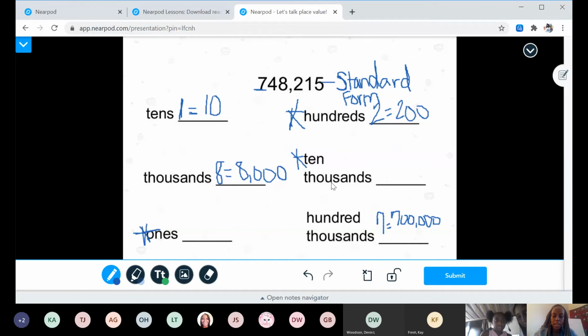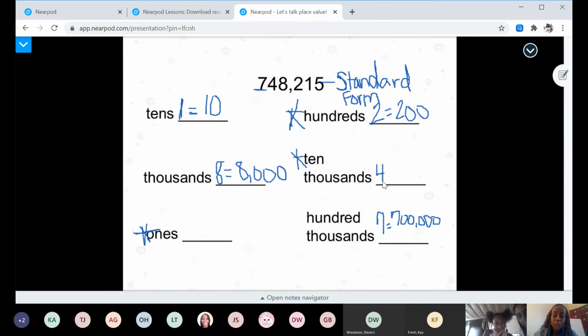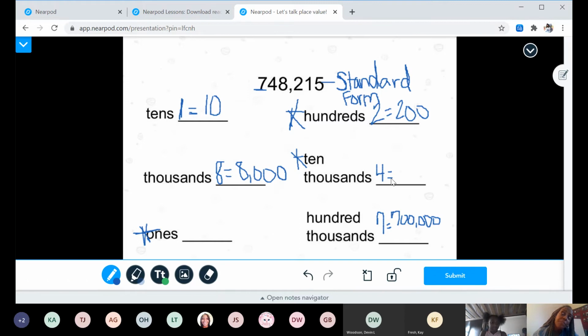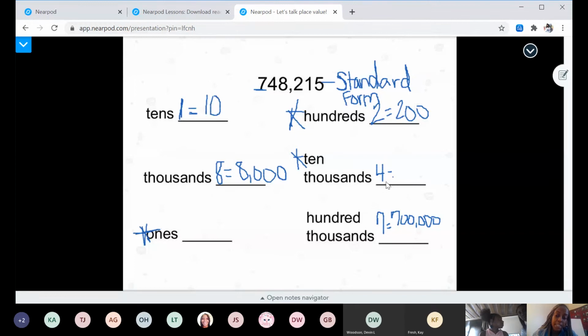Are you able to see it, Devin? No. Okay, so we have our 4 right here in our 10,000s place. If that 4 was just in the tens place, it would be worth 40. But this time it's in the 10,000s place, so it would be worth 40,000.